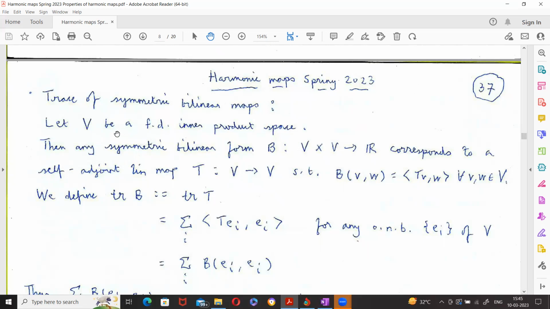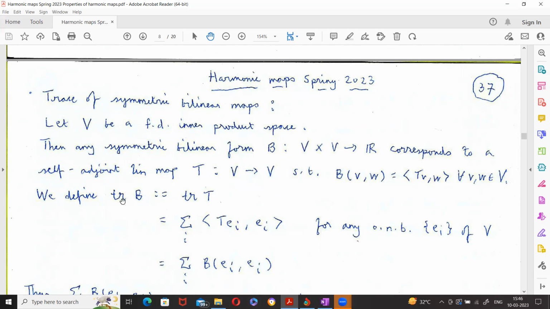First of all, let V be a finite dimensional inner product space. Then any symmetric bilinear form B from V cross V to R corresponds to a self-adjoint linear map T from V to V, such that B of v,w is the inner product of Tv with w.